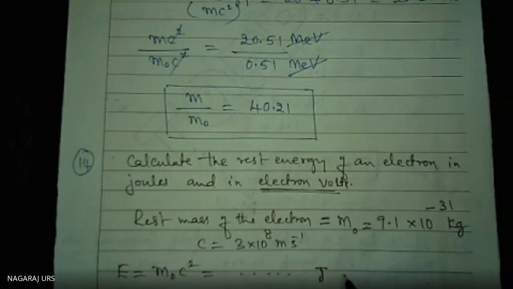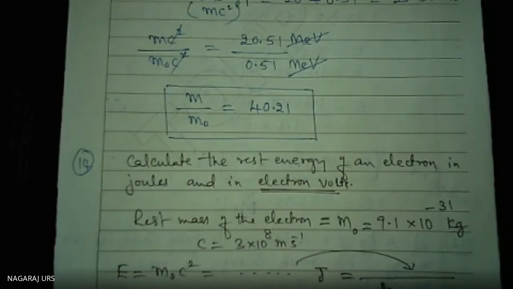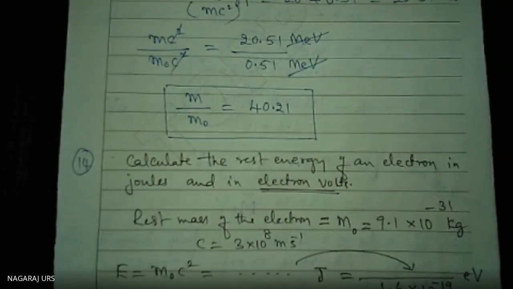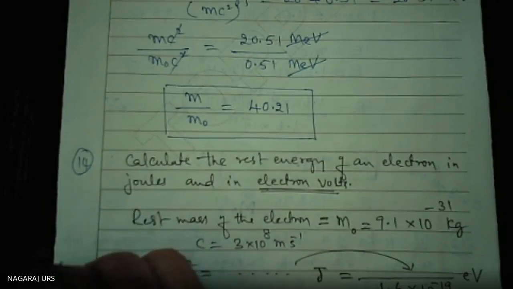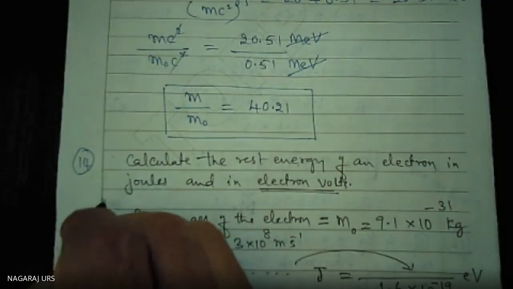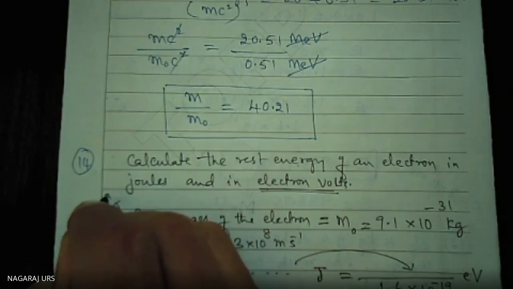But I want it in terms of eV, therefore the same number divided by 1.6 times 10 to the power minus 19. Now you will get it in terms of eV. The conversion factor is: 1 eV is equal to 1.6 times 10 to the power of minus 19 joules.